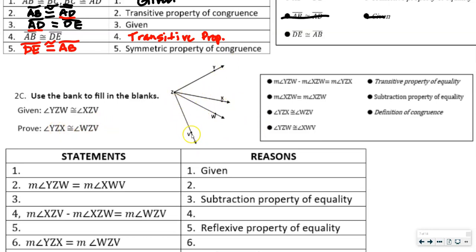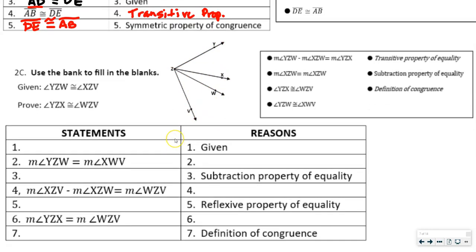The two angles, this outside angle right there and that outside angle out there. Okay, so the first statement is given information. So that's going to be YZW is congruent with XZV. Okay, so that's our given information.